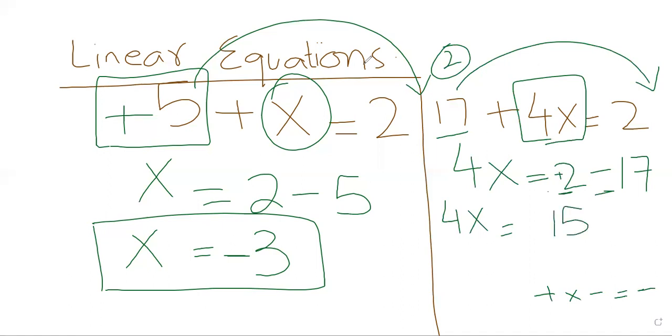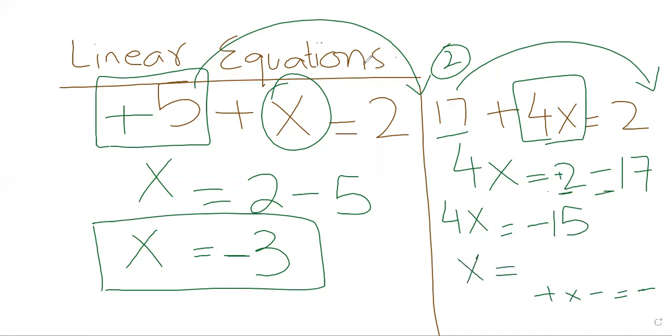What will be the sign with 15? The sign with the 15 will be negative. Why? Because as I told you in the previous question, we always write the sign of the bigger number. So 17 is the bigger. So with the final result, the bigger number's sign is going to be mentioned.